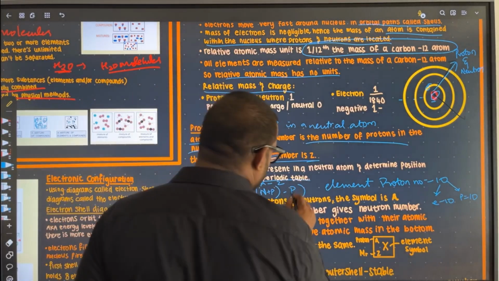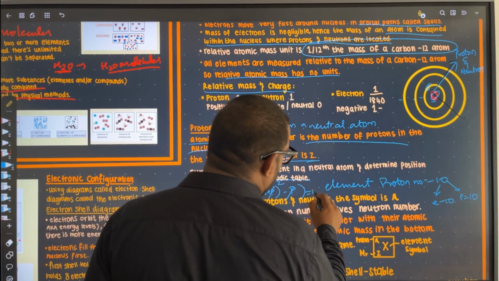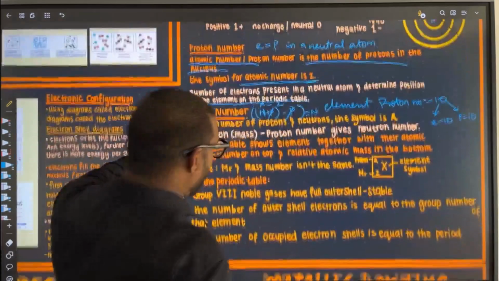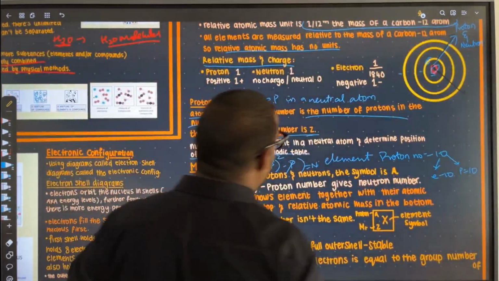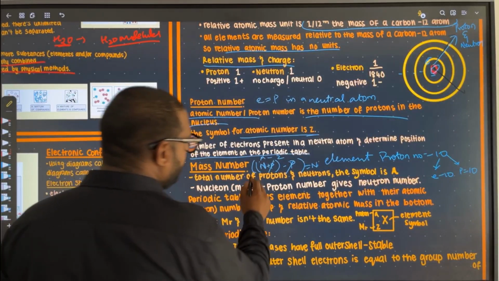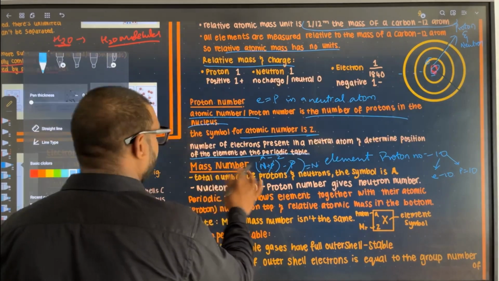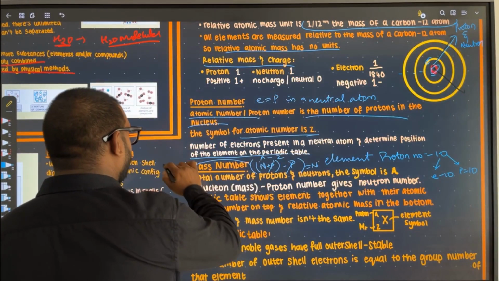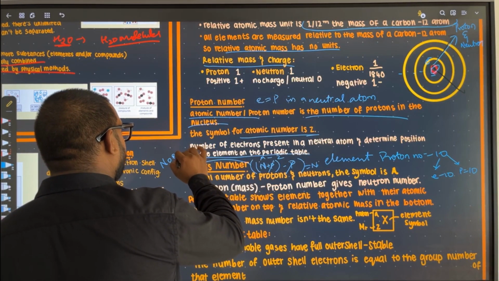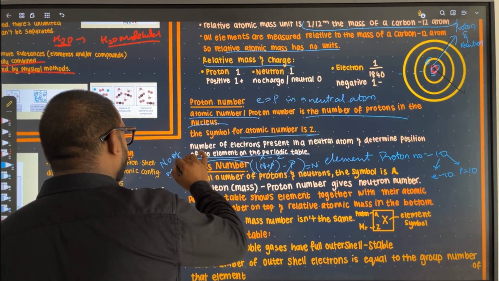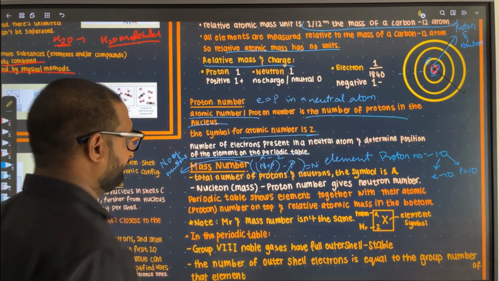Yes. So this minus P and plus P get cancelled, I get N. So if you want to find out the number of neutrons, use this formula: N = A − Z. It is for the number of neutrons in an atom.